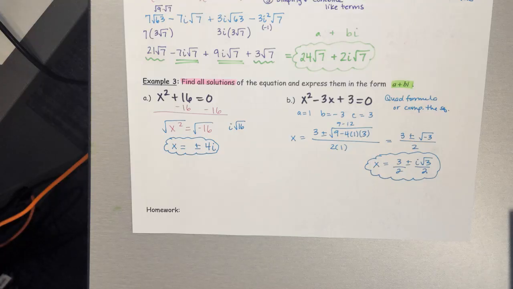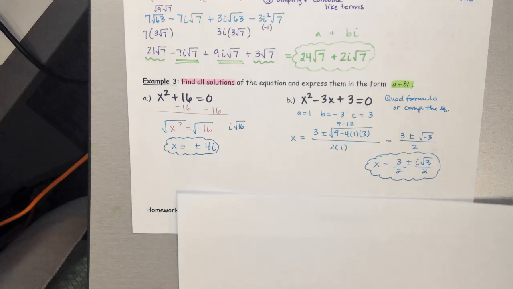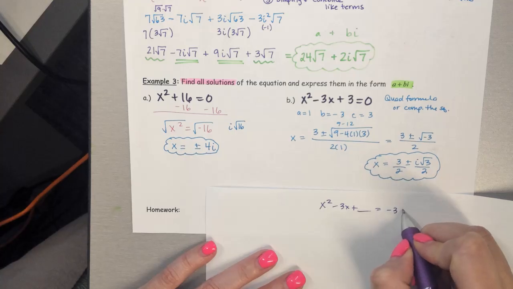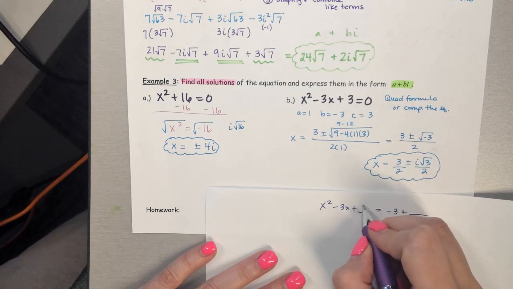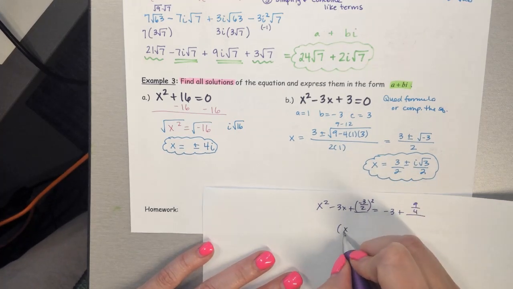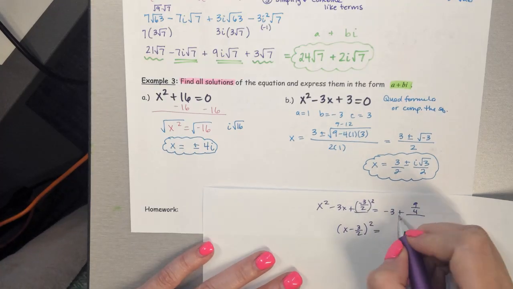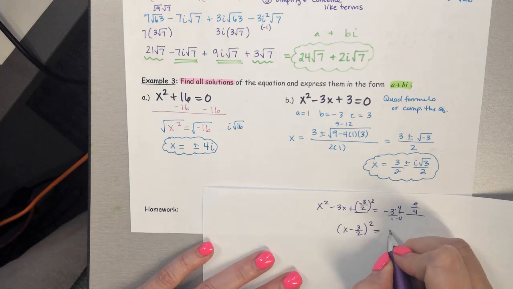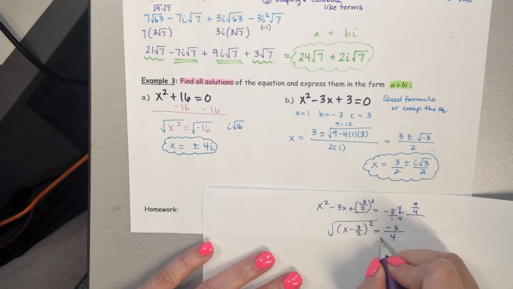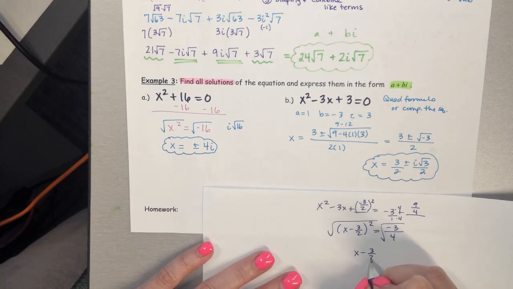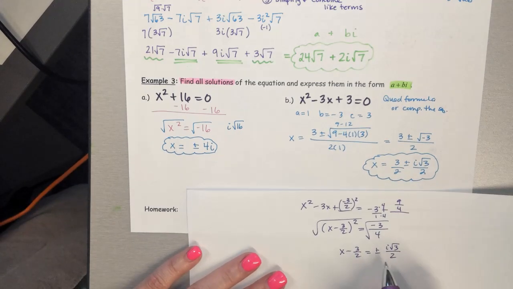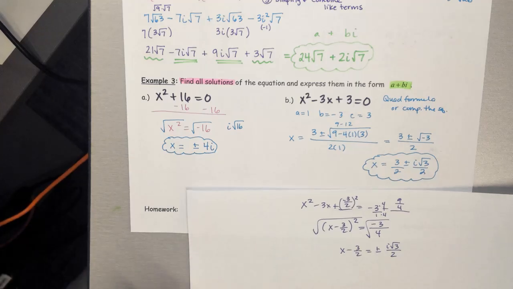And then if you want to complete the square, you would just keep your x values on one side, plus blank, move that 3 over. If you do half of this, it's negative 3 over 2 squared, which would be 9/4. x minus 3 over 2 squared equals, get your common denominator, you have negative 3 over 4, square root, plus or minus i root 3 over 2, because you square root the top, you square root the bottom, you move it over, and you have the same thing.